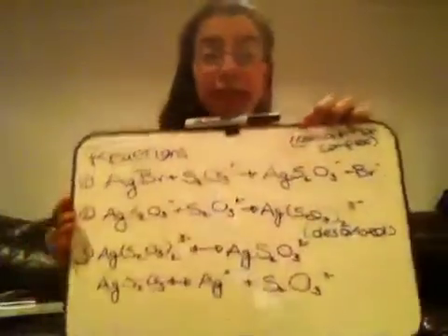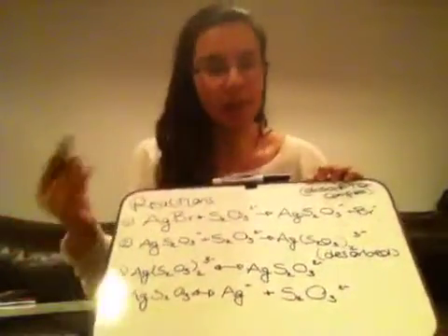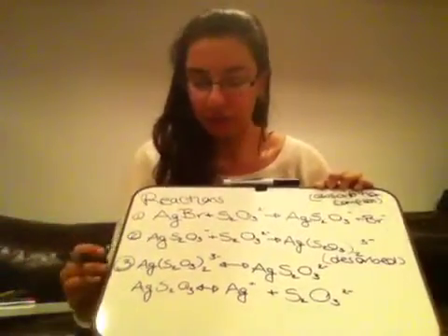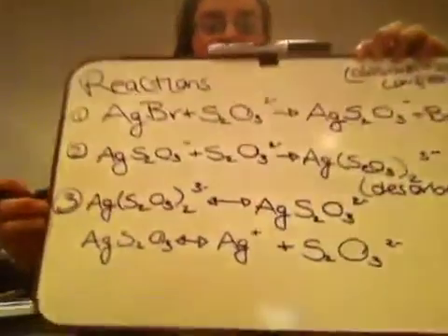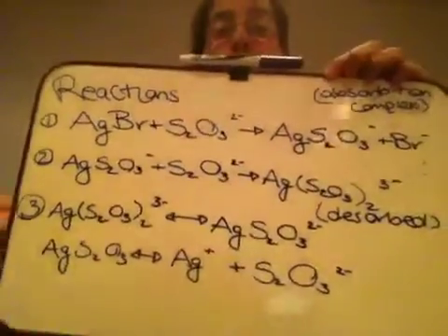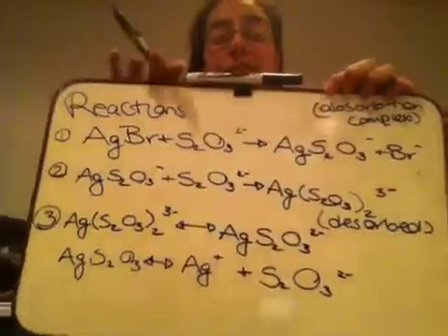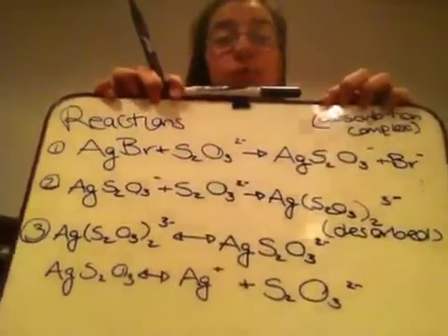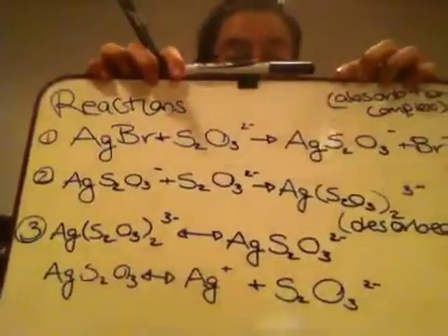So the next equation, yeah, there's a lot of equations. It's a little confusing. So here, your last equation is reversible. So there's arrows going both ways. The reaction can happen both ways, so I just wrote it 2 different ways so that you can understand it a little better.